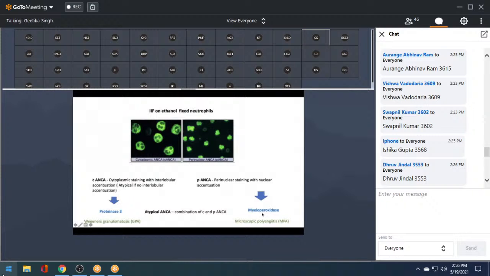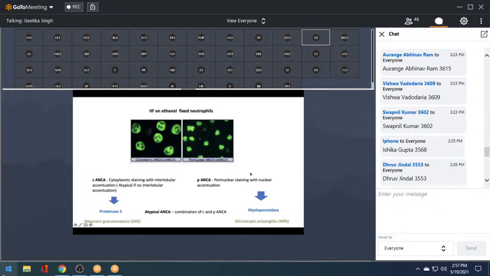And the P-ANCA correlates with another type of small vessel vasculitis, which is called microscopic polyangiitis or MPA. Okay, but when we do a kidney biopsy, these ANCA-mediated glomerulonephritis look pretty similar to us, right? They will form type 3 crescentic type of morphology.